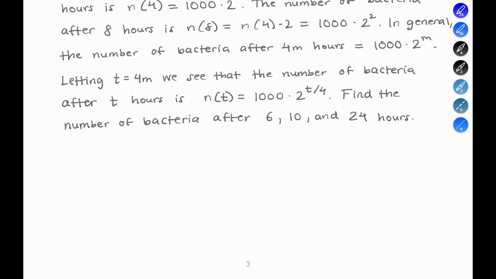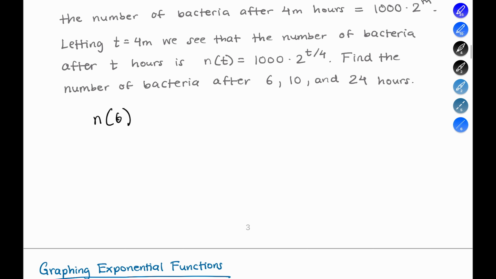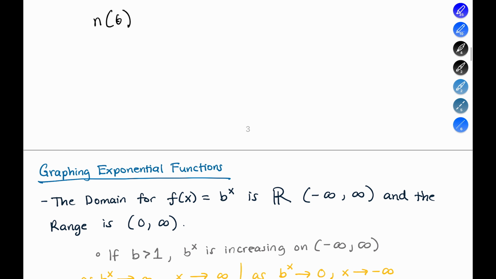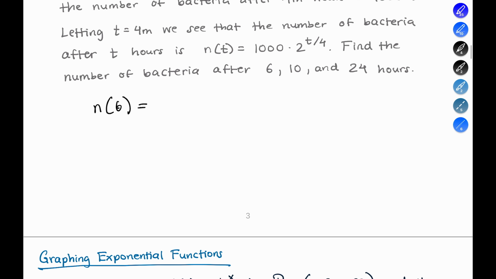If we plug in n of 6, it is going to be equal to 1,000 times 2 to the power of 6 over 4, which is equal to 1,000 times 2 to the power of, we can simplify this to 3 over 2.